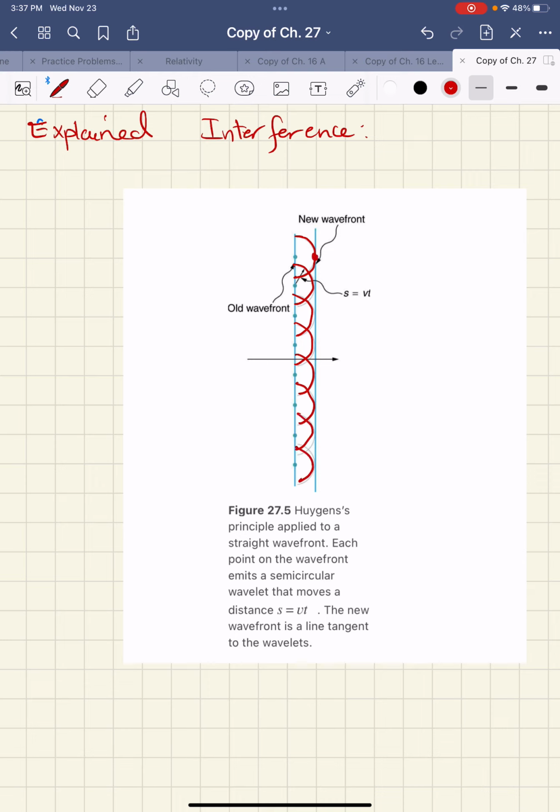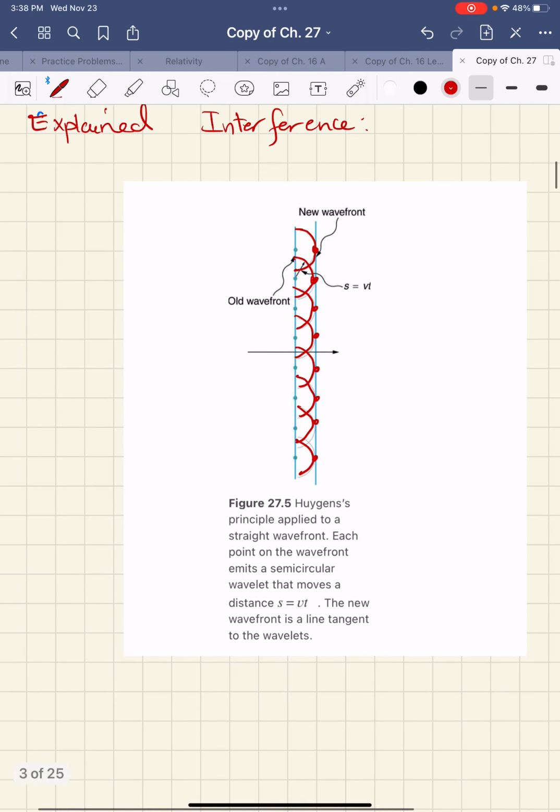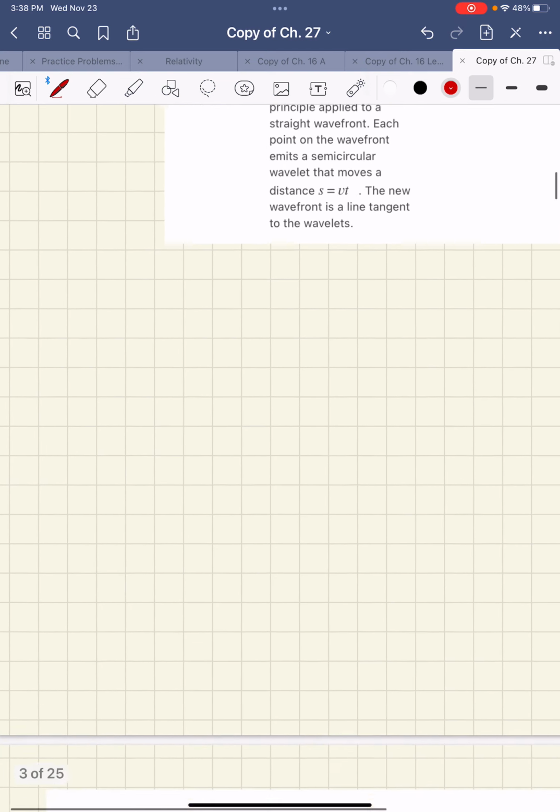Then when I connect the points on these, they form a new wavefront, and these are sources, and therefore this is how waves really propagate. This is what was brought by Huygens to explain how light propagates.